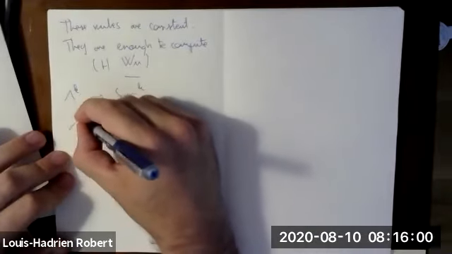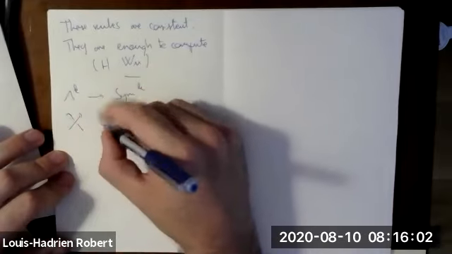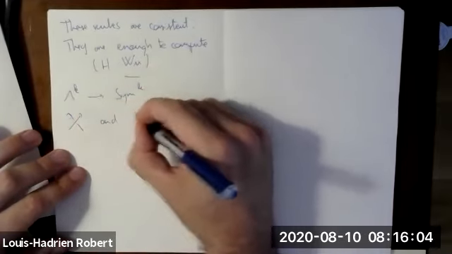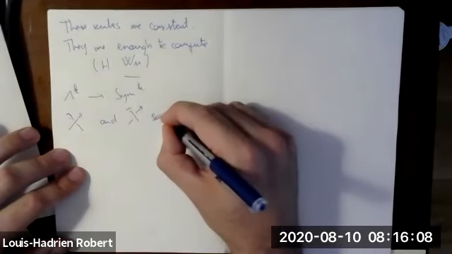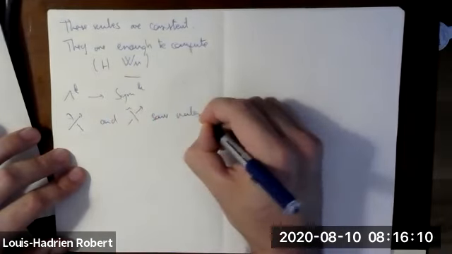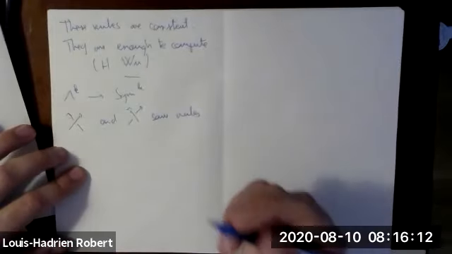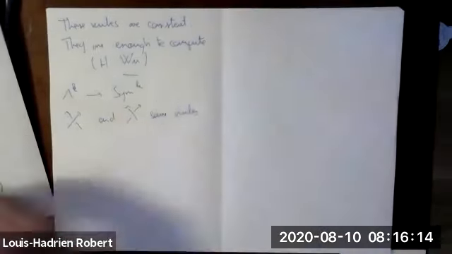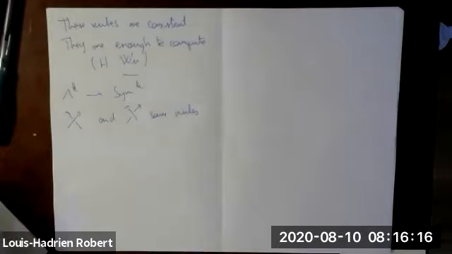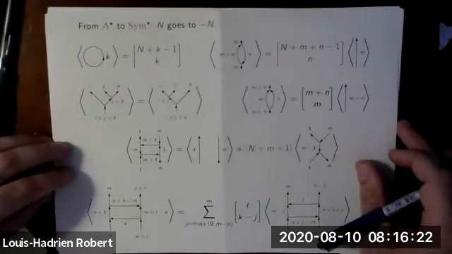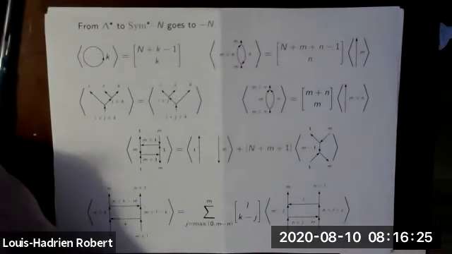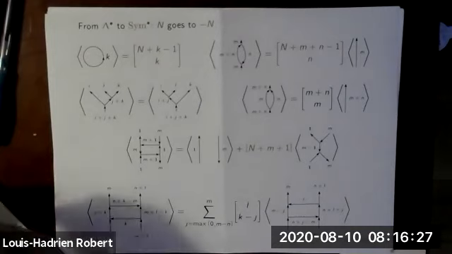For the crossing, you use exactly the same rule, the same rule. But you change a little bit the rule for cooking the Laurent polynomial associated with graphs.